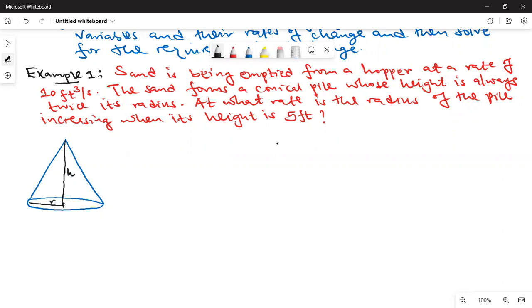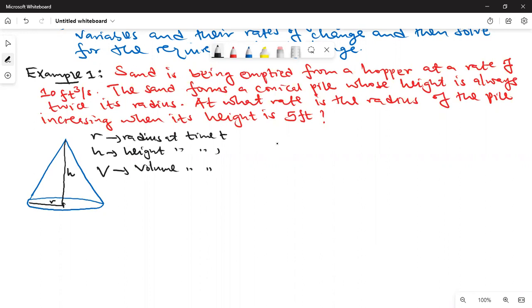So r is the radius at time t, h here is the height at time t, and V to be the volume at time t.